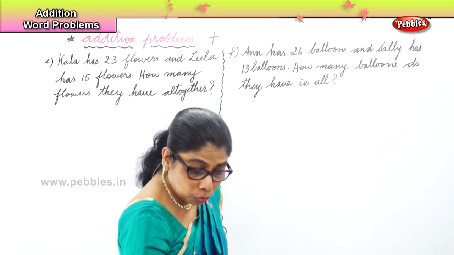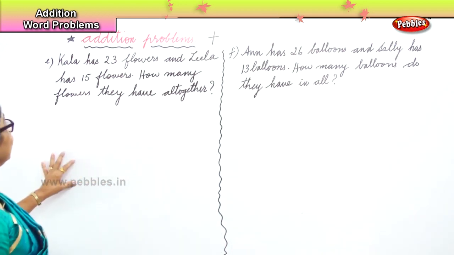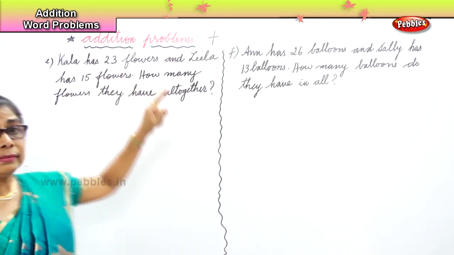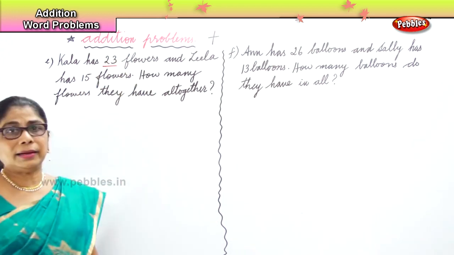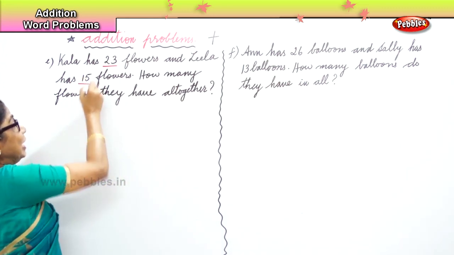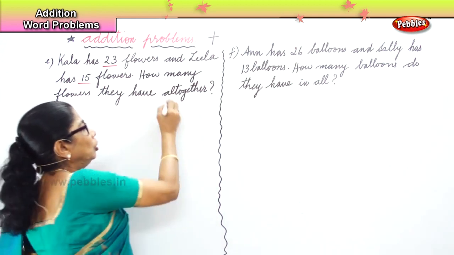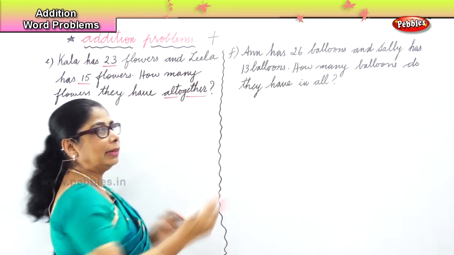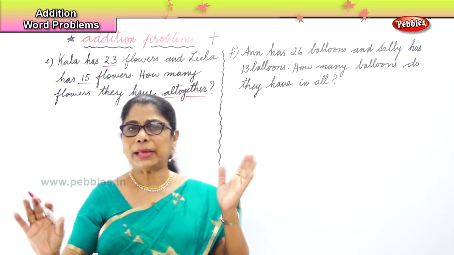Okay, now two stories are put up. The first story says, Kala has 23 flowers. Leela has 15 flowers. Now, how many flowers do they have all together? What is the meaning of all together? When we get the word all together, it means this plus that.